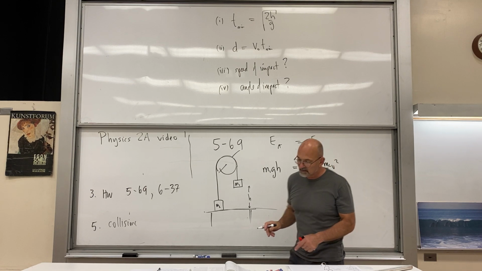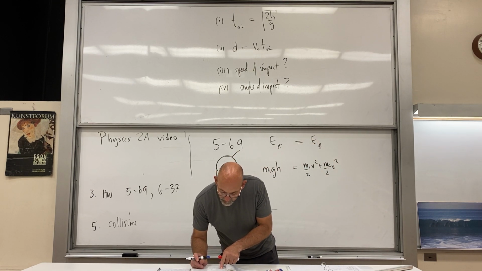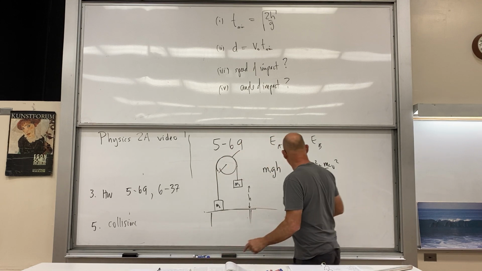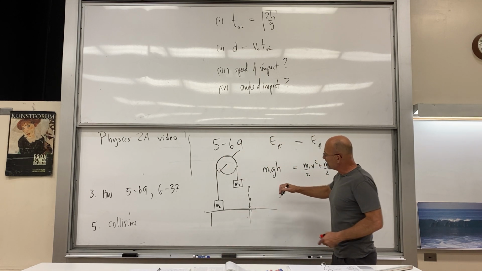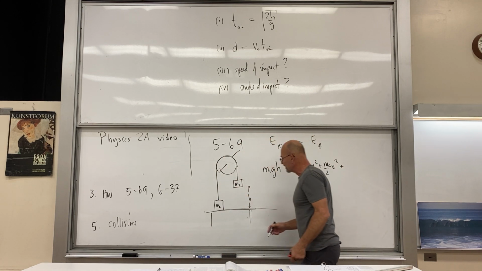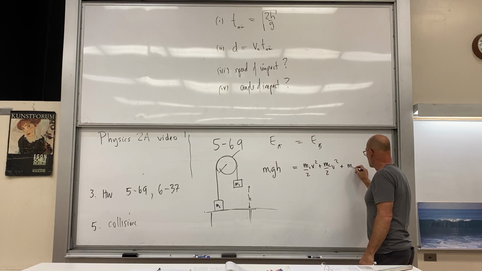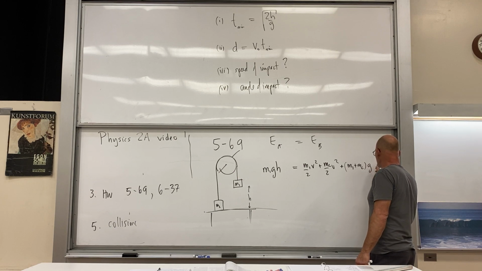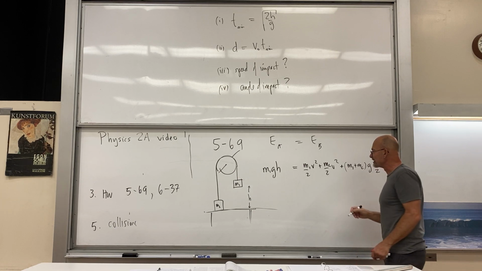And make sure I'm answering what they want us to answer: speed of each object. But what's the potential energy now? They're at equal heights, so it's M1 plus M2, total mass, g times H divided by 2.